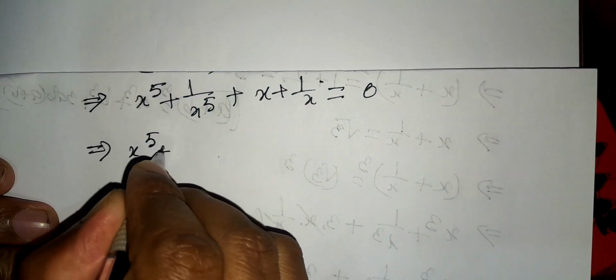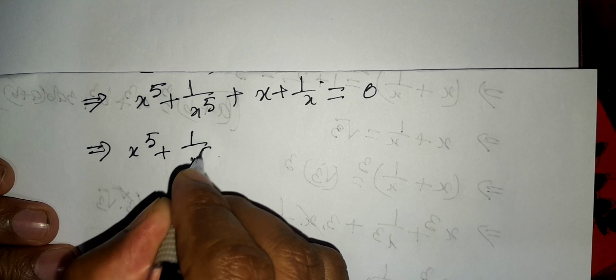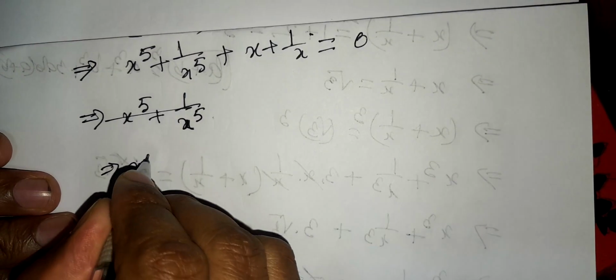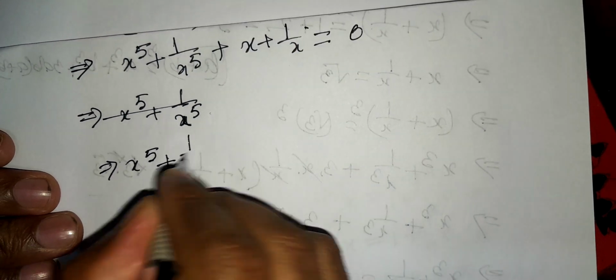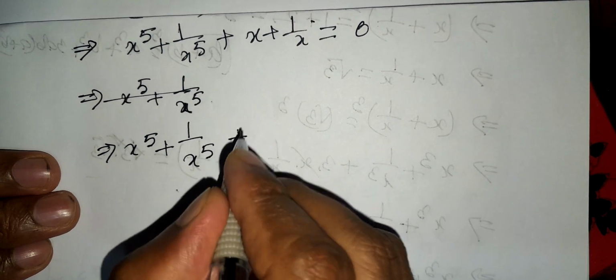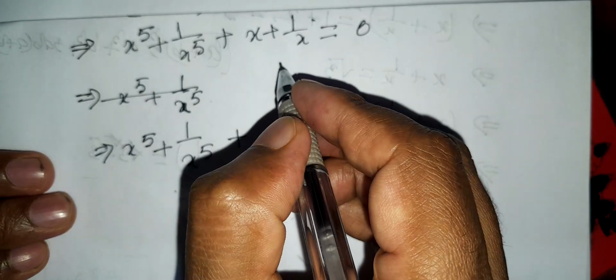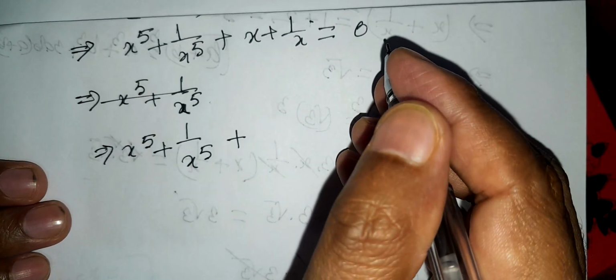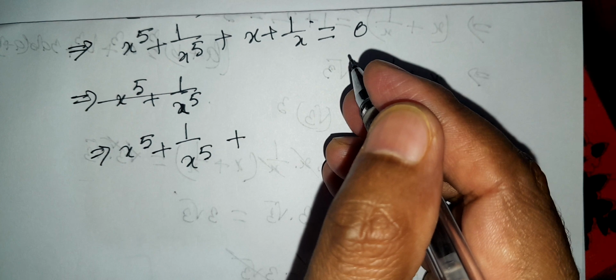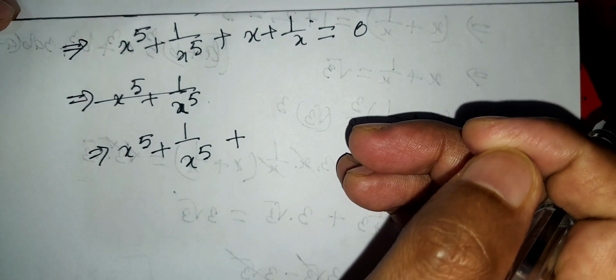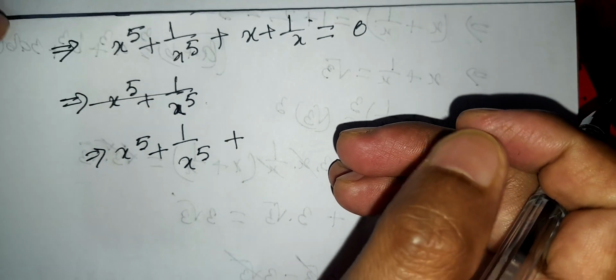x to the power 5 plus 1 by x to the power 5 plus here x plus 1 by x is equal to 0.